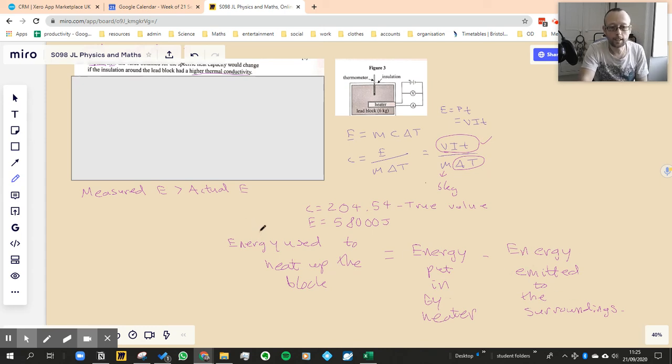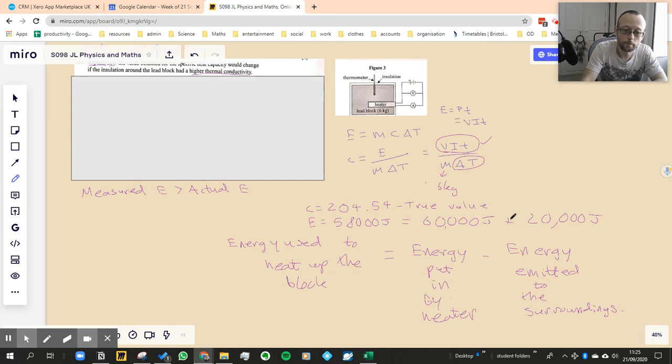So when we calculate, let's say we get the same temperature change as before, so we're going to be using the same energy, but the difference is we're going to be assuming it's that. So that might be equal to, let's say, 60,000 joules plus 20,000 joules.